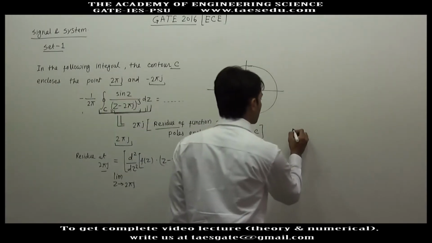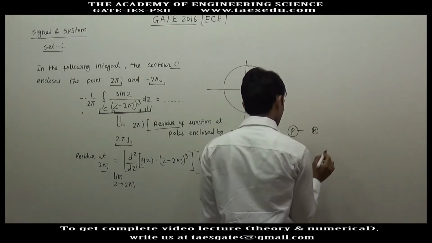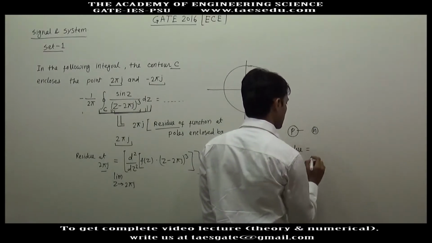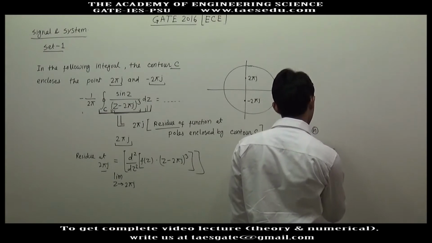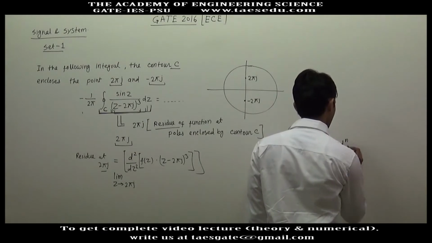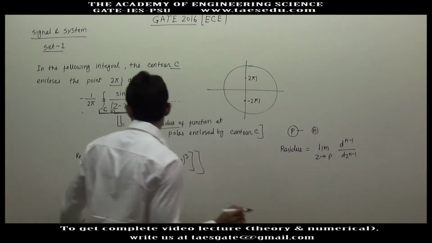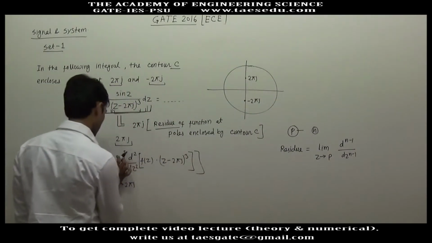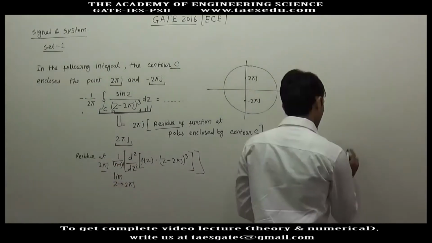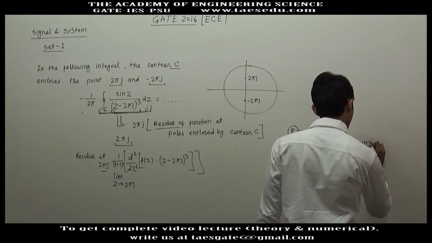If the pole P has an order of n, the general formula to calculate residue is limit z tends to P, 1 upon (n minus 1) factorial, d to the n minus 1 by dz to the n minus 1.